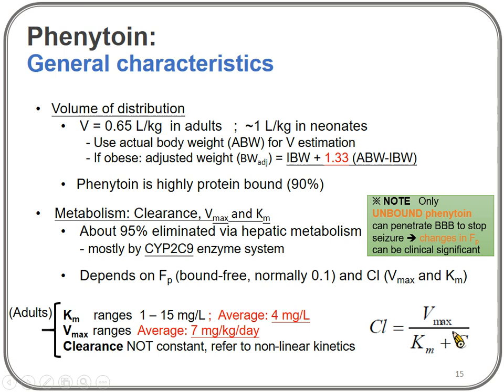So the Km for adults, we use an average of 4, and for the Vmax here we use 7 milligram per kilogram per day on average. As for clearance, it is not constant, so you have to refer to nonlinear kinetics.